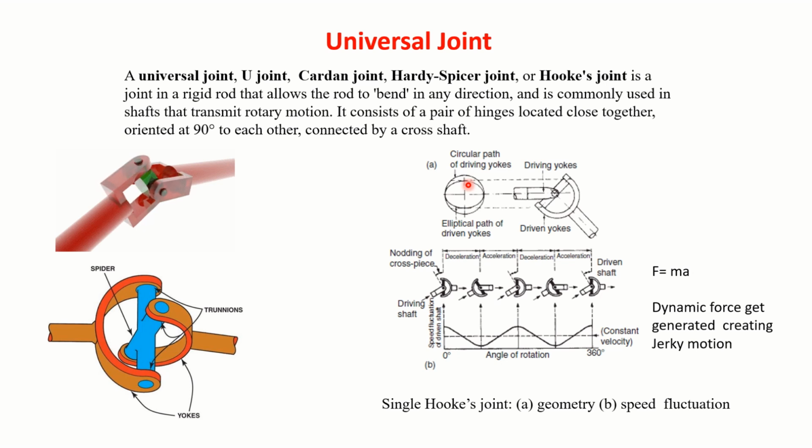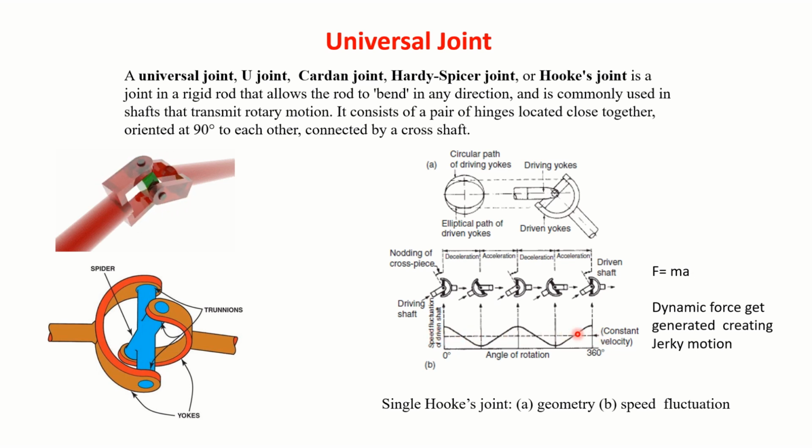Now it is covering one rotation, which means 360 degrees. When this makes 360 degrees, this also makes 360 degrees. You can see here it is rotating with constant velocity, from 0 to 360 degrees, with a constant velocity omega.